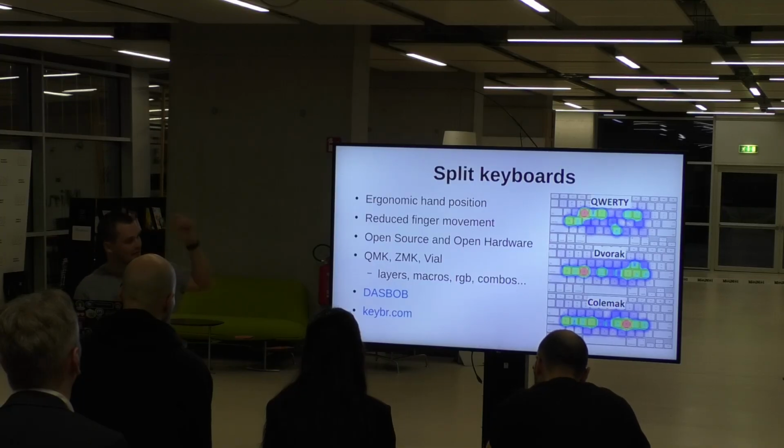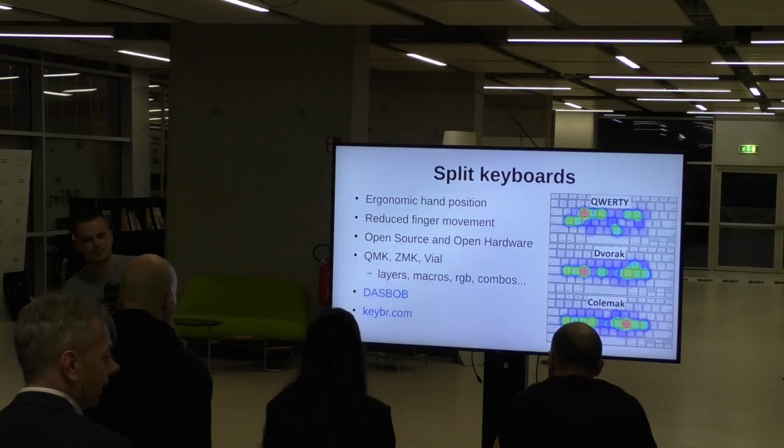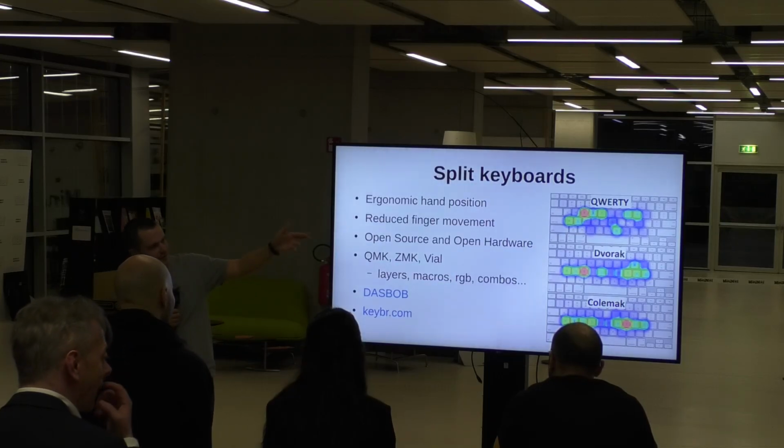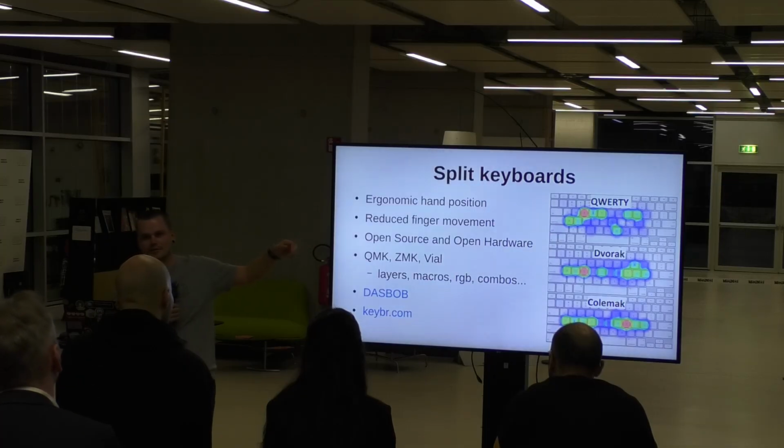And on the left, you can also see the layout. So I'm currently using the last one, the Colemak. There are also, normally it's QWERTY, and the Dvorak is maybe a well-known alternative keyboard. And this is a heat map on which keys you will press writing English.